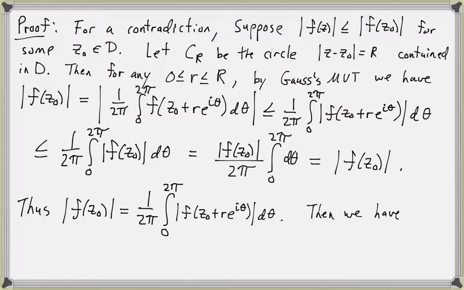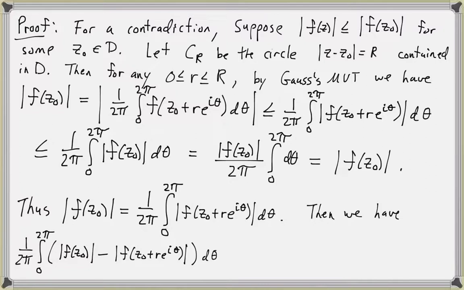We have 1 over 2 pi times the integral from 0 to 2 pi of the absolute value of f of z0 minus the absolute value of f of z0 plus r e to the i theta, d theta. And so from this last equation, when we integrate this, we get 0.